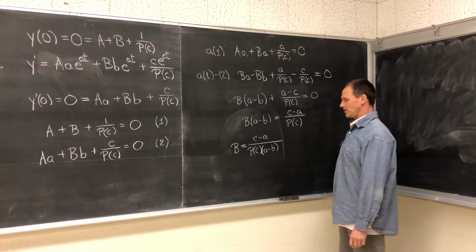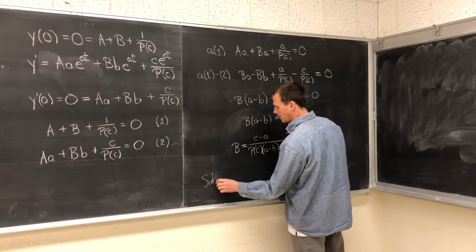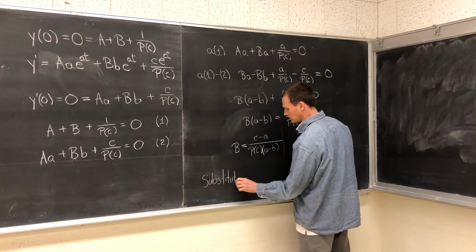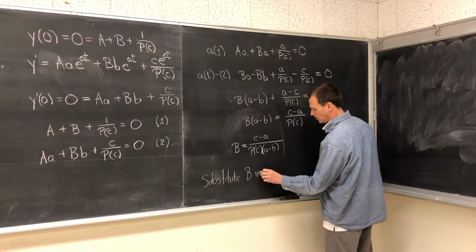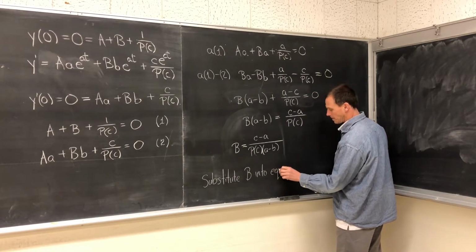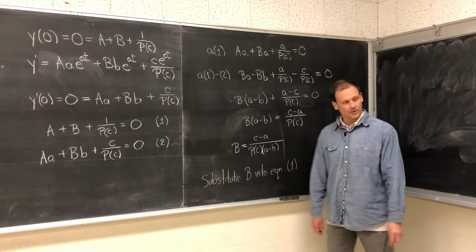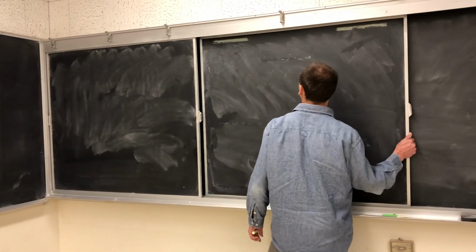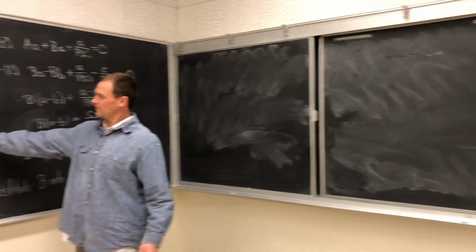So then we're going to substitute b into equation 1. Okay, so let's come over here and we're going to do that. So I keep track of this. Equation 1, that's over here.